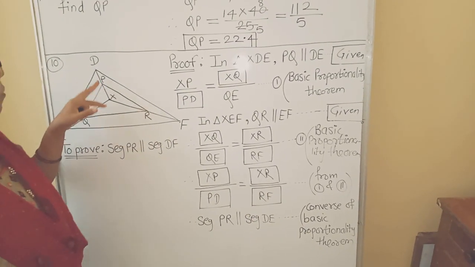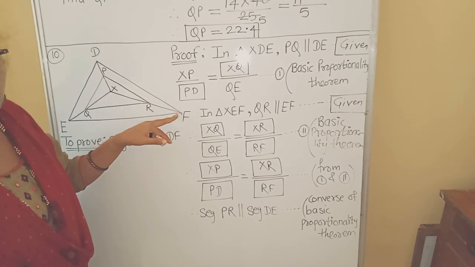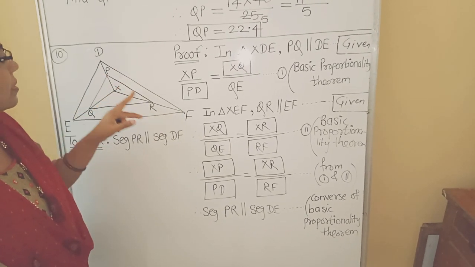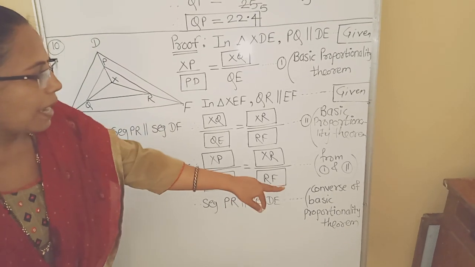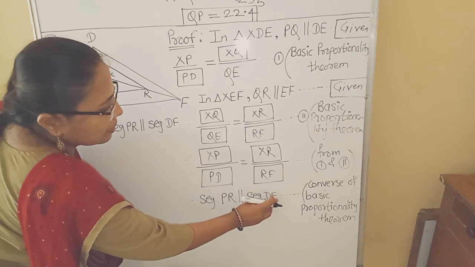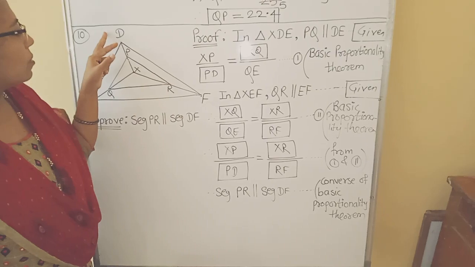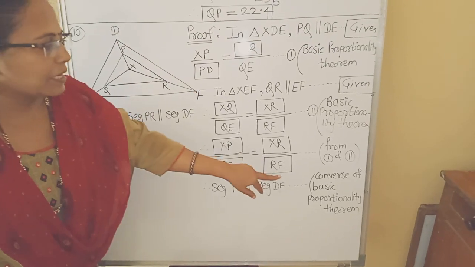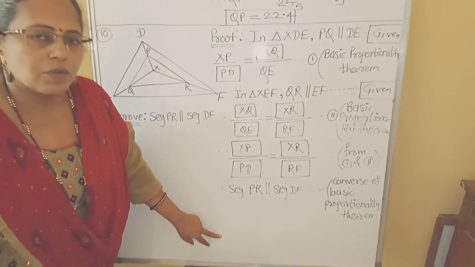So that we will get segment PR parallel to segment DF, and the reason is converse of basic proportionality theorem. Understood, students?